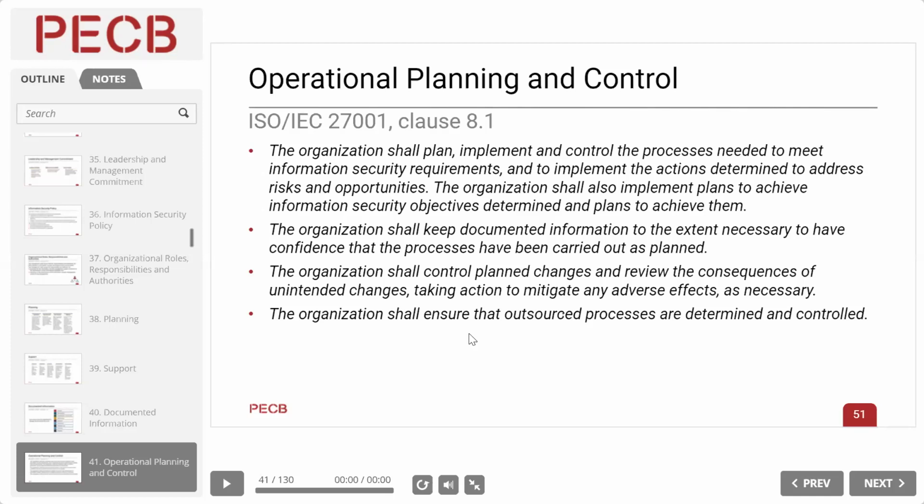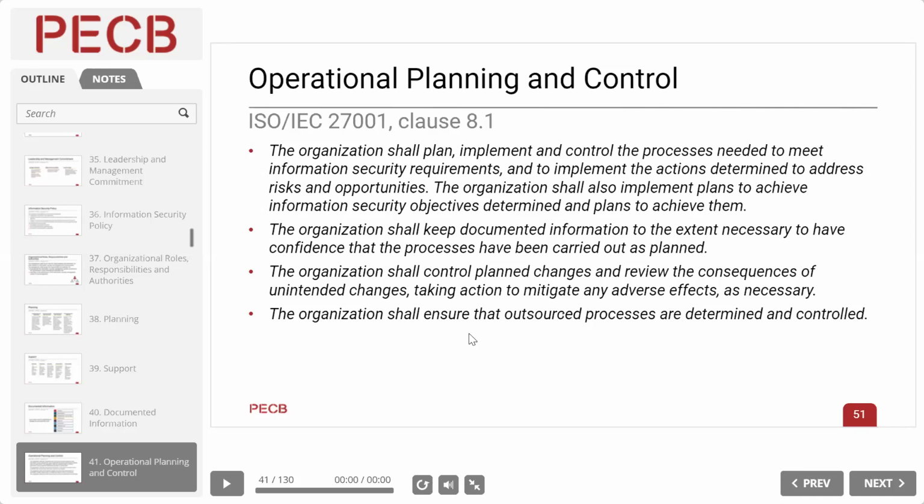You need to have it to the extent necessary that the organization has confidence in the processes that you have set up. To enable me to have confidence in a process, I would expect it to be mapped, that there's a process map, process documentation that goes with that process.